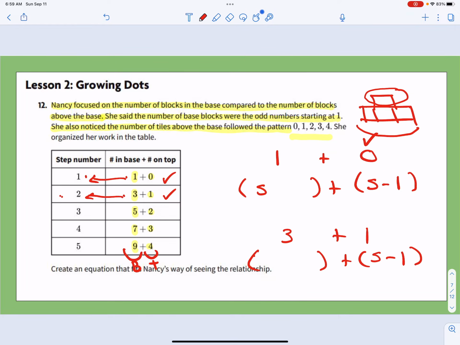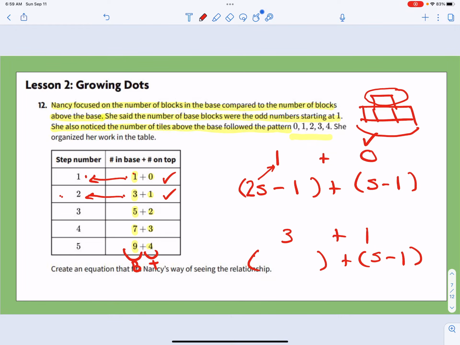So that's working there. The question is, how do I get the 3? Well, to get a 3 in front for this one with an s value, that's going to be a little more complicated. What we want to do is, if I multiply the step by 2, now I have 2 times 1, which is 2. I want to get to 1, so I subtract 1.